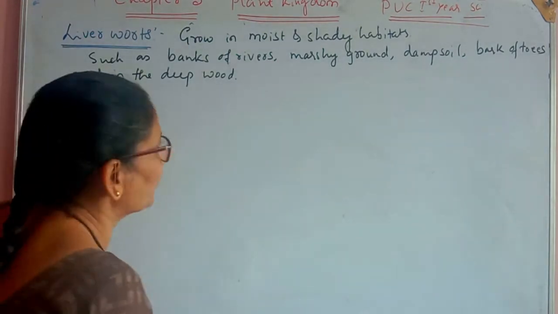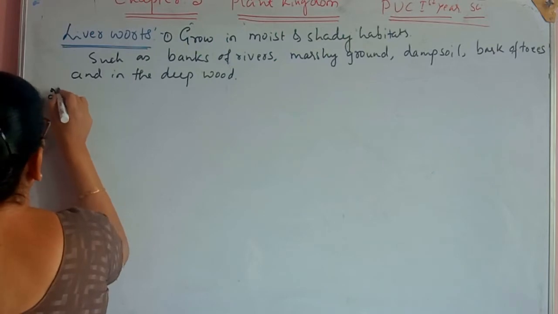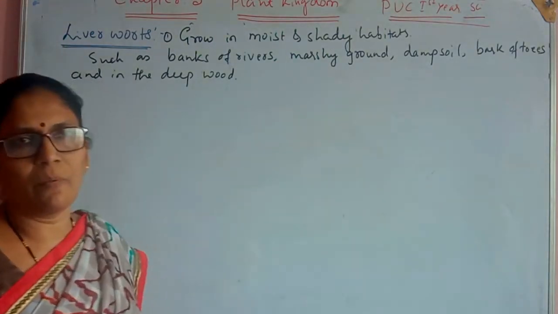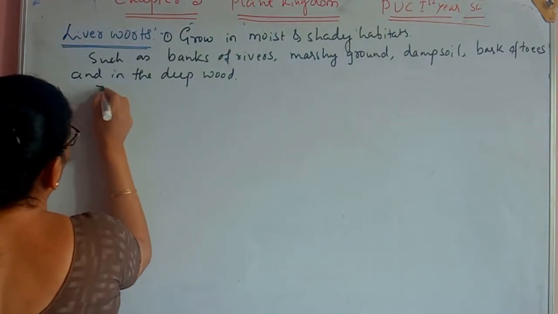The second character. The plant body of liverworts is thallus. They have a primitive plant body.